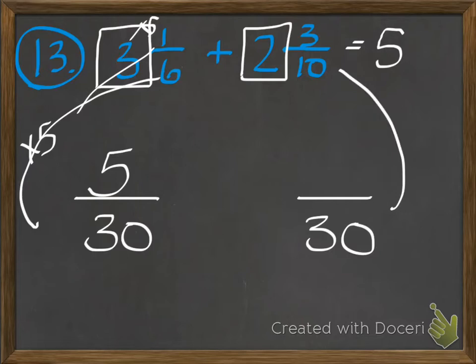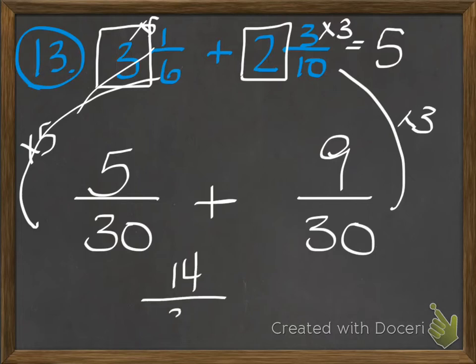To get from 10 to 30ths, tenths to 30ths, I have to multiply times 3. Whatever I do to the bottom, I do to the top. So 3 times 3 is 9. So I add that together. 5/30 plus 9/30 equals 14/30. And I can see that that can be simplified. So I don't want to stop there.